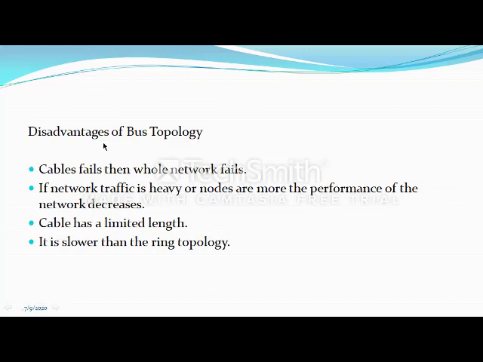So what are the disadvantages of this topology? If the cable fails, the whole network fails because all the nodes are connected to a single cable only. If the network traffic is heavy or nodes are more, then the performance of the network decreases.